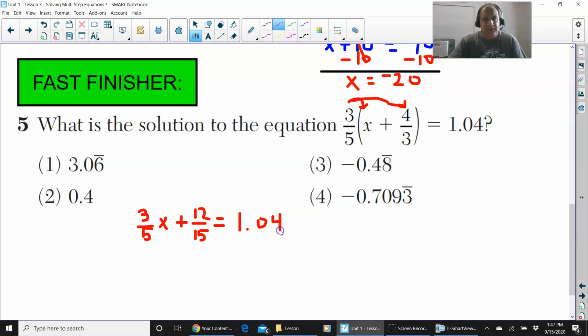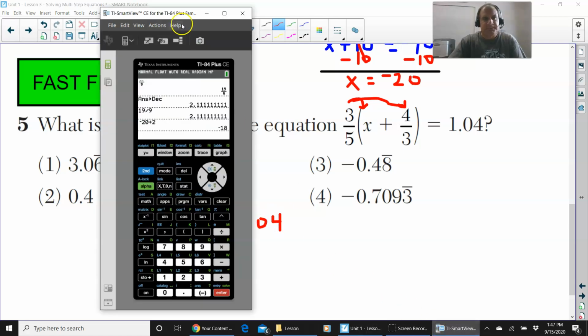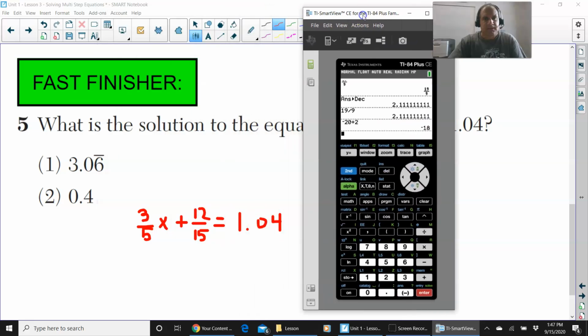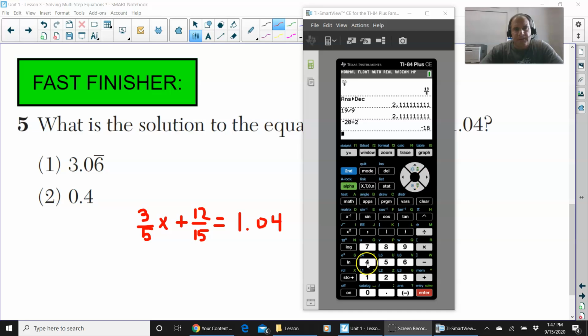right? Okay, grab your calculator. All right, so I'm just going to go 12 divided by 15 and see if it comes out to something I could use. Look at that, 0.8. 12 divided by 15, that's this.